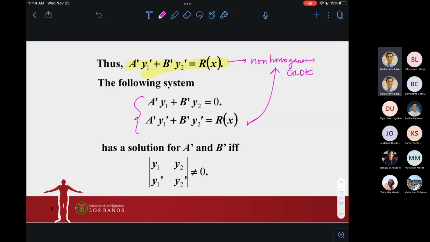Okay, so yan. Tapos, saan nanggaling itong isang equation to? Yung una. Ito yung nanggaling dun sa ating additional condition na inimpose. Remember, sabi natin, para mas simple yung y sub p prime, gusto natin yung a prime y1 plus b prime y2 ay equal kay 0. Ngayon, ito yung system of equations na kailangan nating isolve para mahanap si A at saka si B.